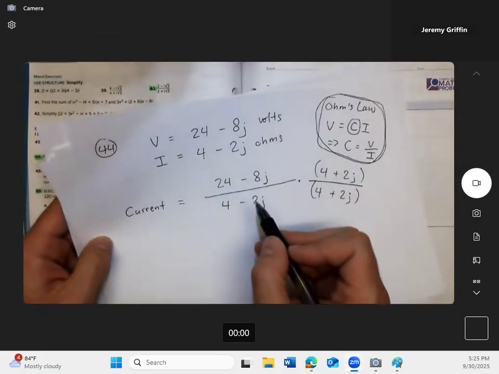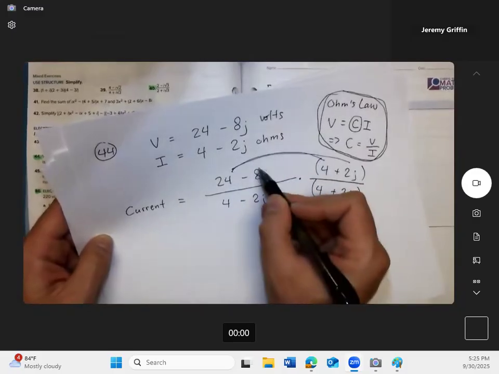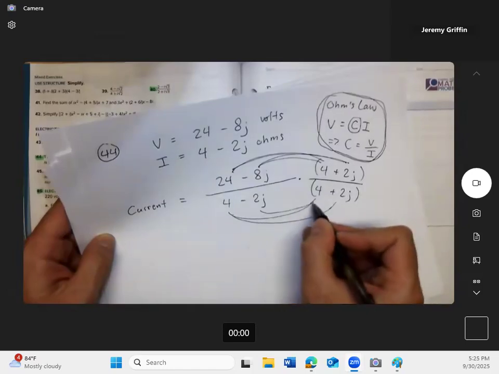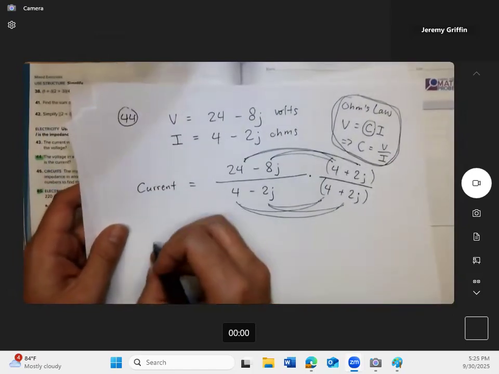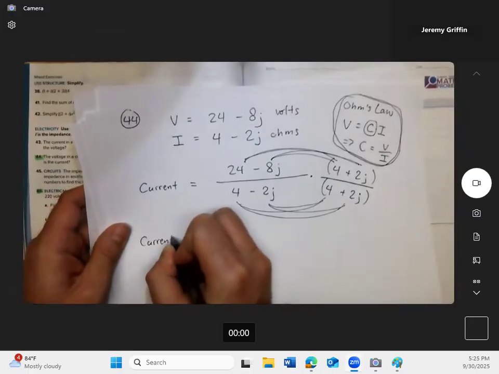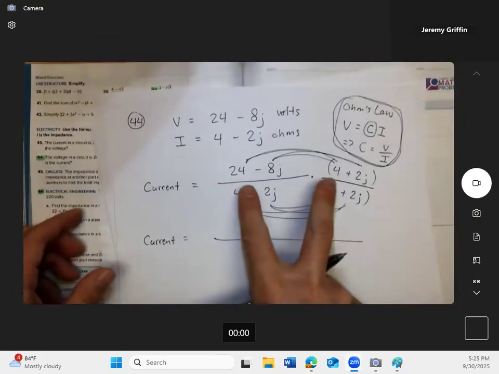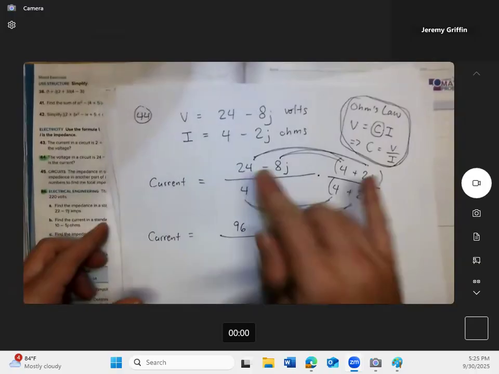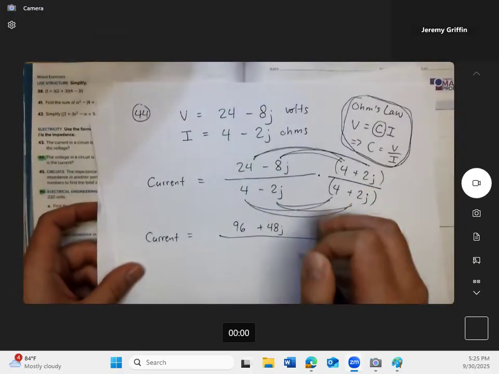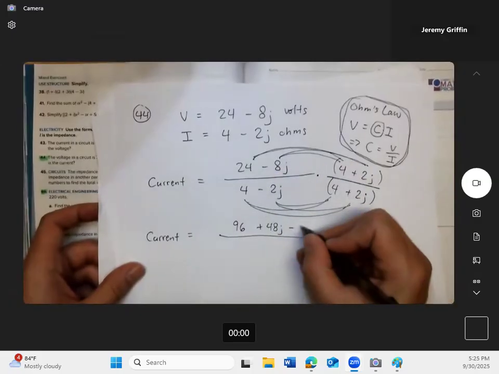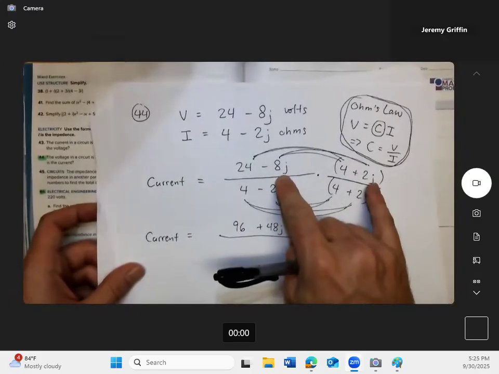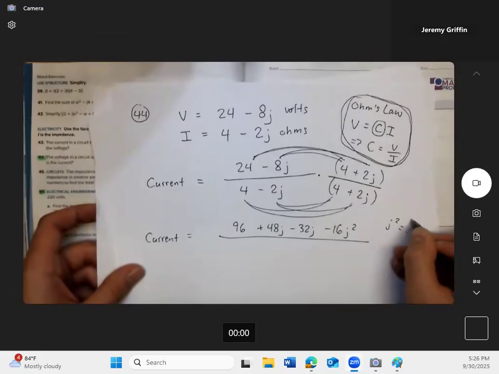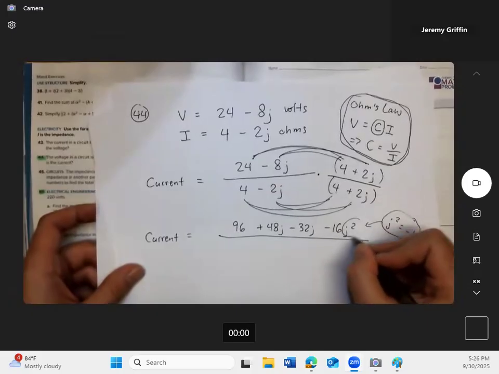So that's F, O, I, L, and down here it goes F, O, I, L. So the current equals, 24 times 4, I think it's 96, and then plus 48j minus 32j, and then minus 16j squared, where j squared is -1. I'll keep that in mind.